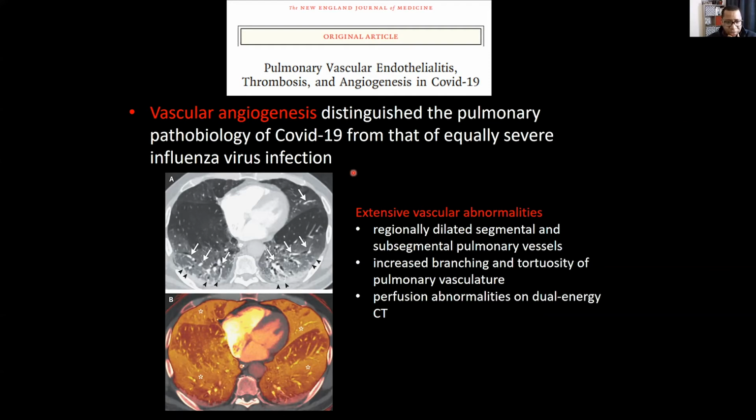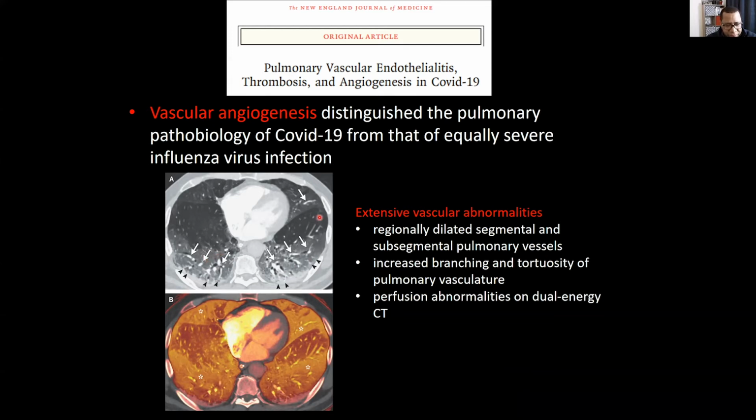So influenza virus infection was shown to cause endotheliitis and involve the capillaries as well and the endothelium. But what was really unique about COVID-19 was this vascular angiogenesis that was seen in this small series of about 20-something patients on autopsy. But what we've seen in radiology is that we're able to demonstrate these extensive vascular abnormalities.